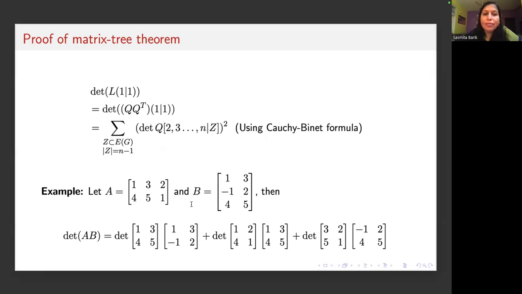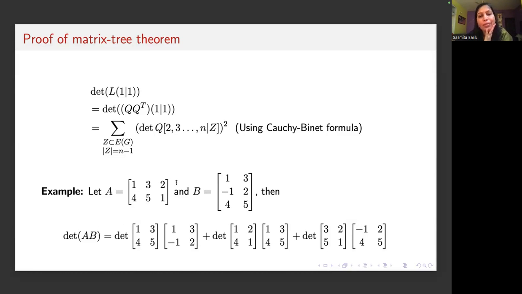If you have 2 rectangular matrices with orders matching so that the product is possible, like 2 cross 3, then the other should be 3 cross 2. I cannot write the determinant of AB as determinant of A times determinant of B because these are rectangular matrices.